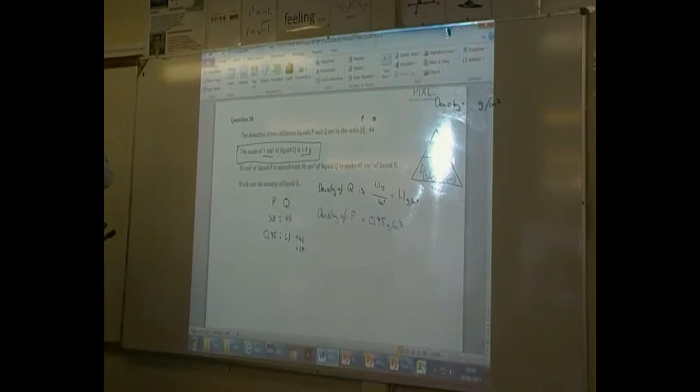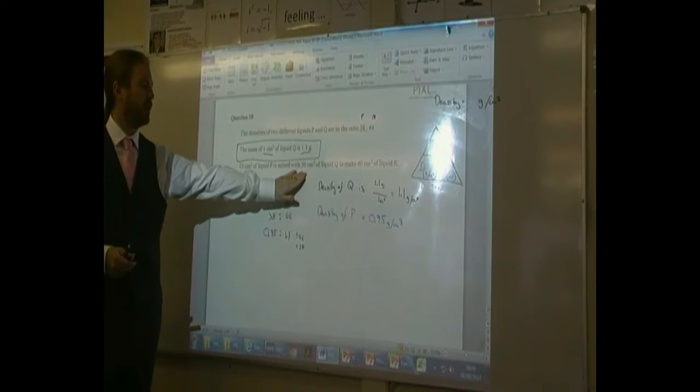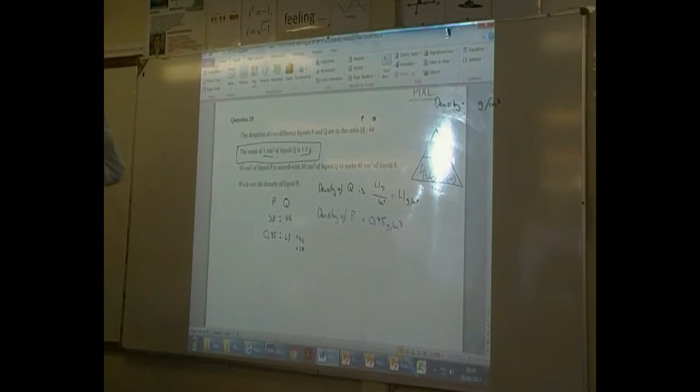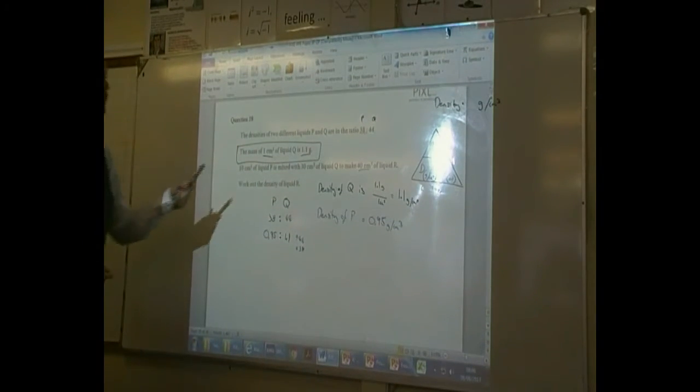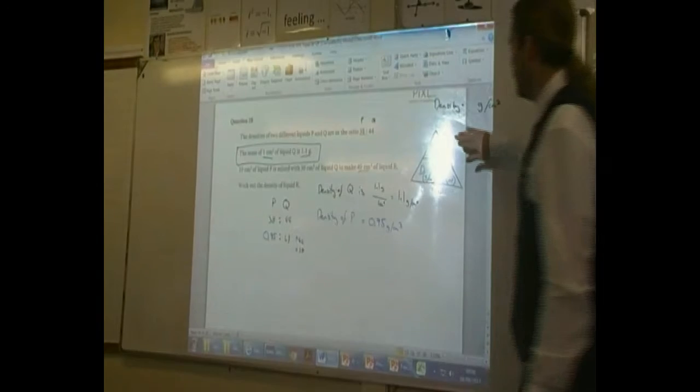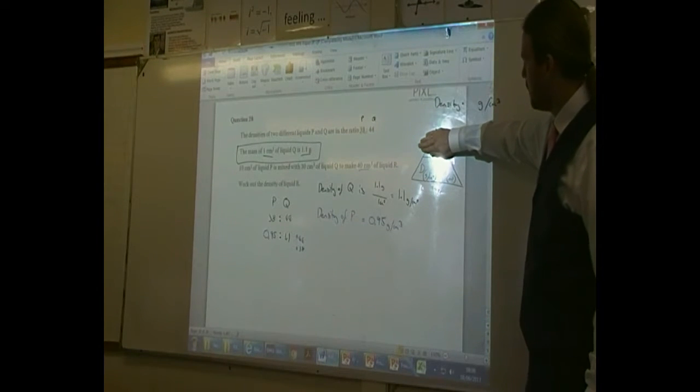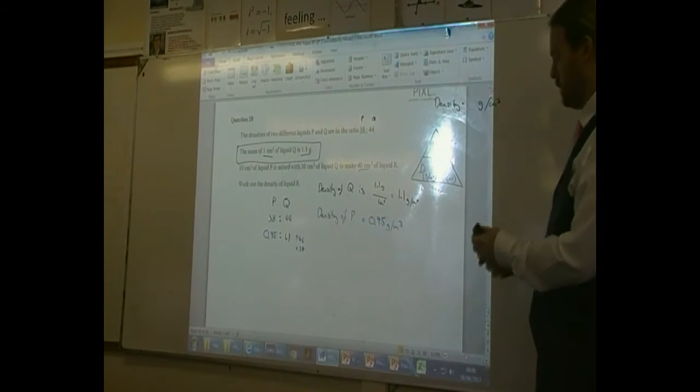Now the issue we've got is that 10 centimetre cubed of P is mixed with 30 centimetre cubed of Q to make 40 centimetres cubed of liquid R. So we need to work out the mass of liquid R, because we know what its volume is. So mass is going to be, if I cover that up, density times volume.